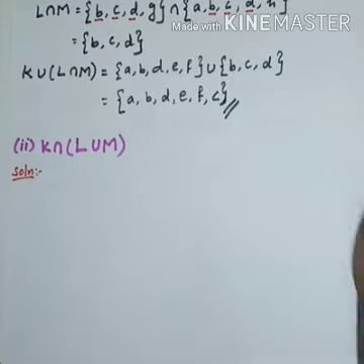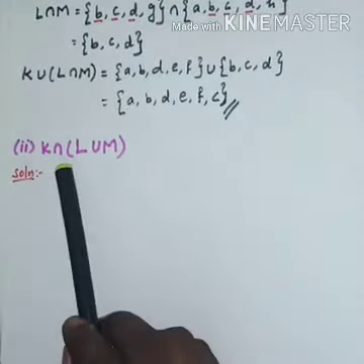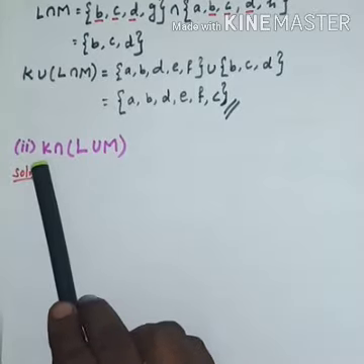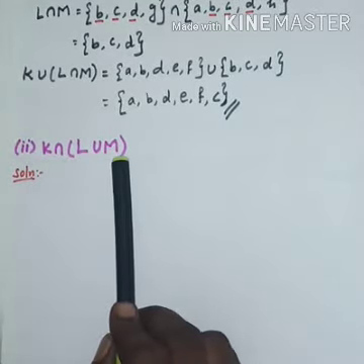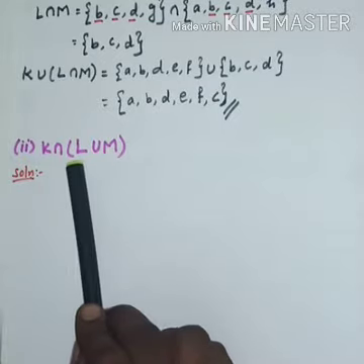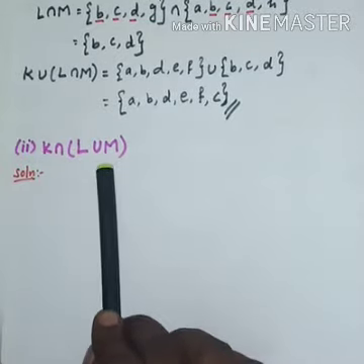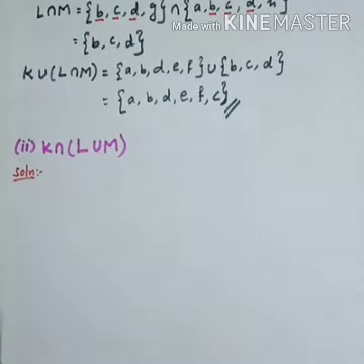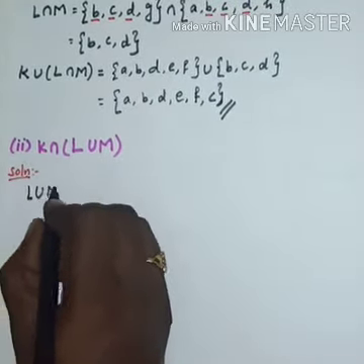So exercise 1.5 second sum, second subdivision. We have to find the value of K intersection (L union M). So first we have to find the value of the elements inside the bracket, isn't it? So we have to find L union M first.